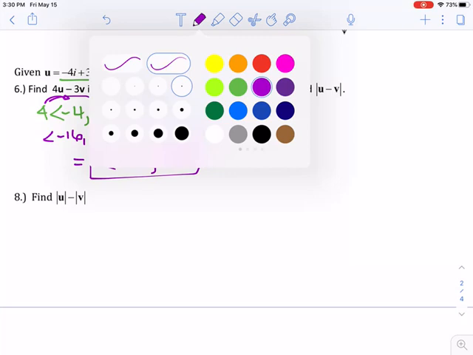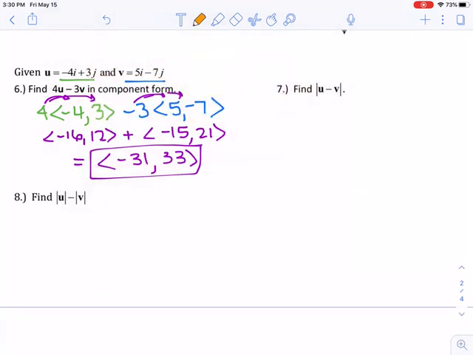So for question number 7, let's start off by finding the vector u minus v. We're going to take the vector negative 4, 3 minus the vector 5, negative 7, and my vector u minus v is going to be the vector negative 9, 10.